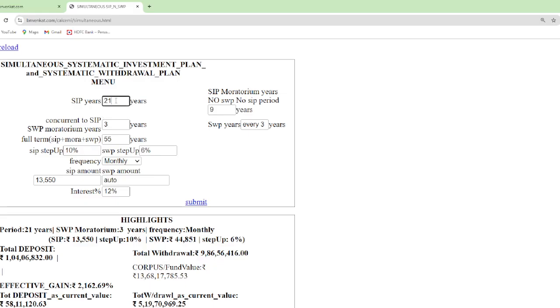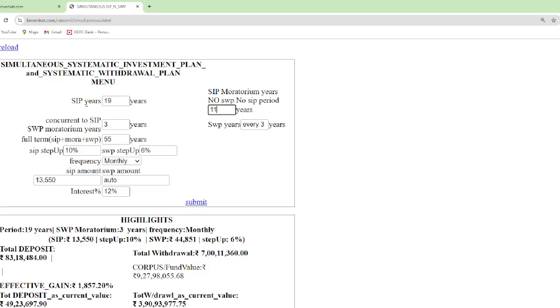Let us consider a person of my son's age, having 19 years of service, and let us assume before retirement. My SIP moratorium years, that is no SIP, no SWP during these years, let us assume 11. That is total period is 30 years.